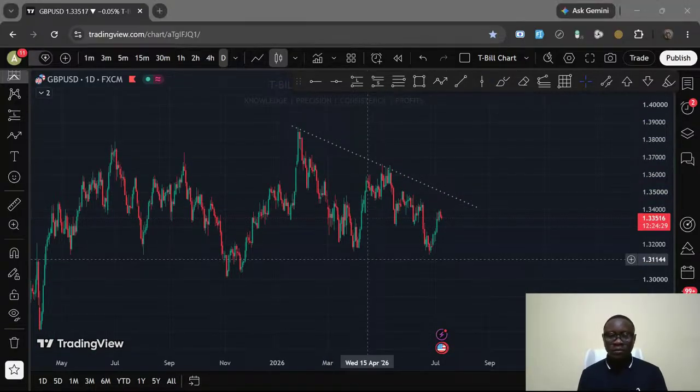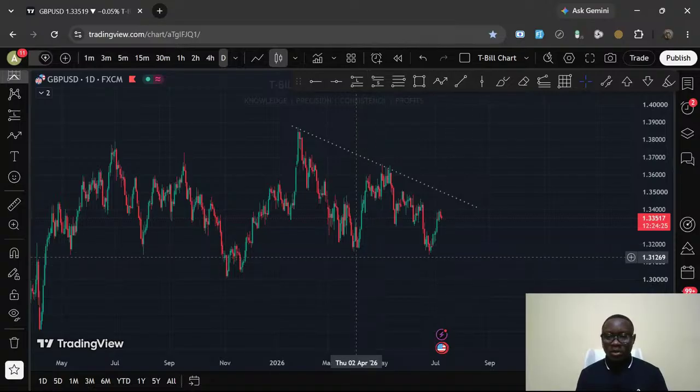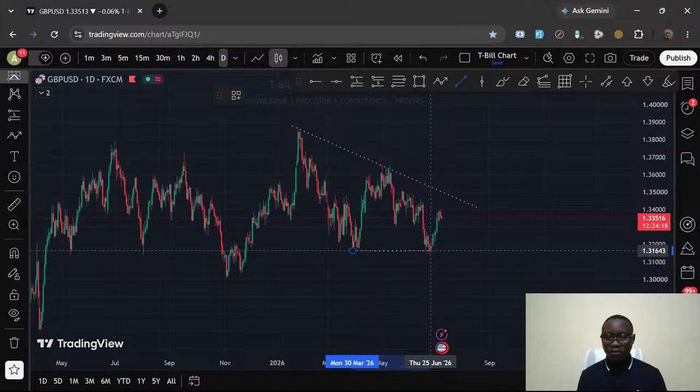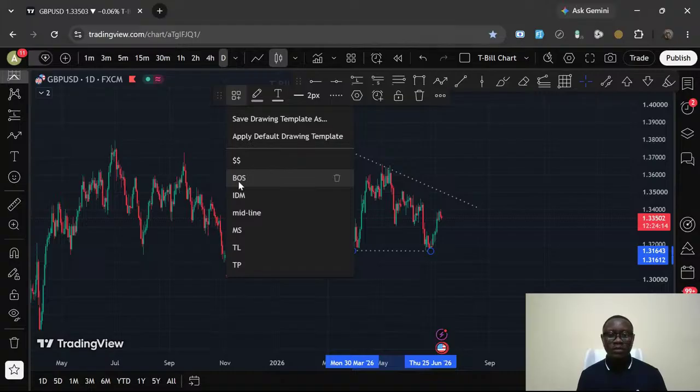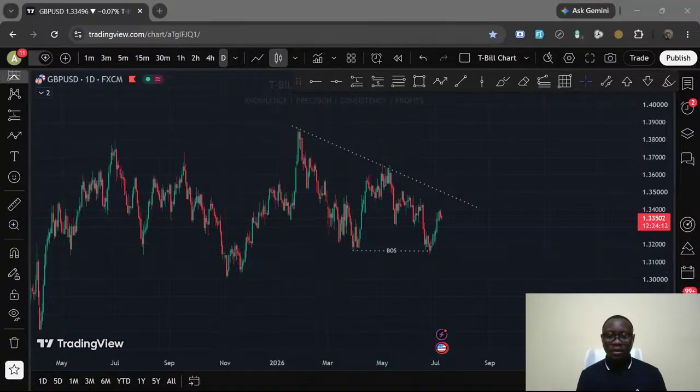And the last break of structure to the downside was this. This was the last break of structure. Okay, so we have this.